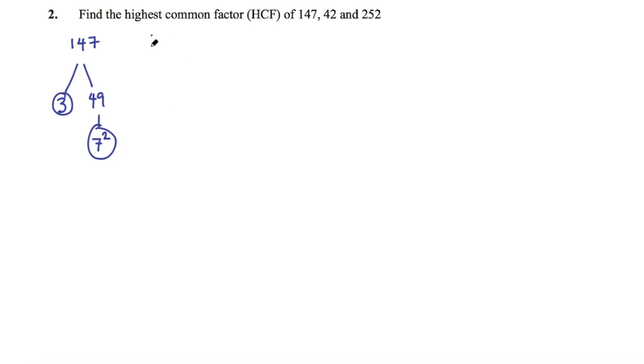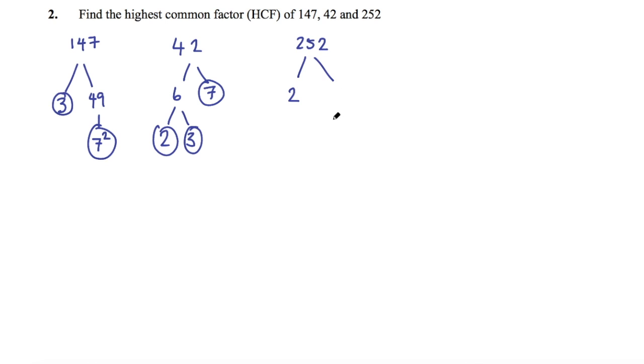So that's 147. And then 42, well, that's 6 times 7. 7 is a prime factor, and then 6 is 2 times 3. Okay, and they're all prime factors. And then 252, I might just start with 2 here. 2 times 125 would be 250, so it must be 126.